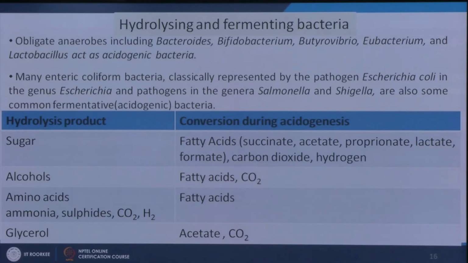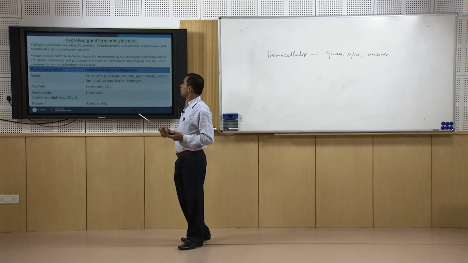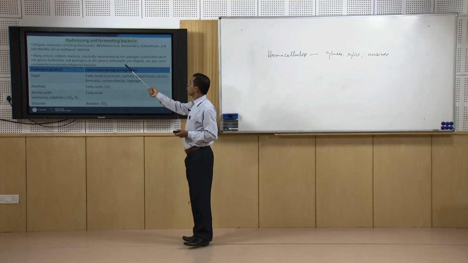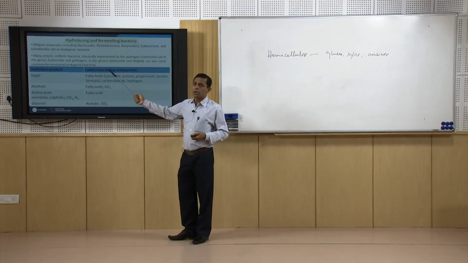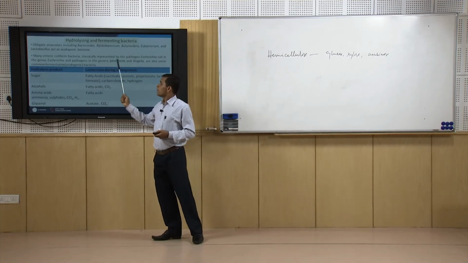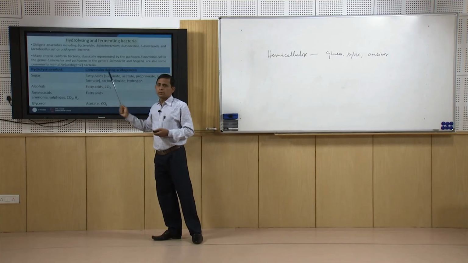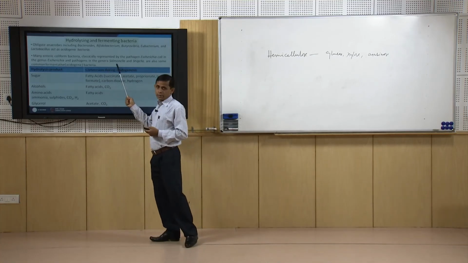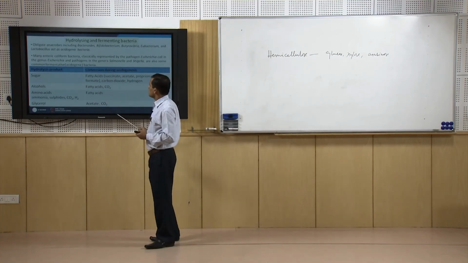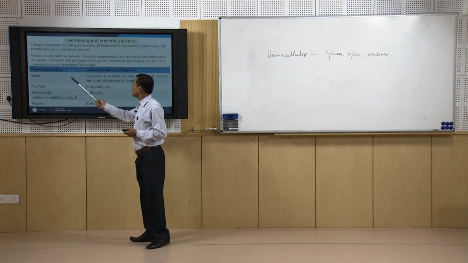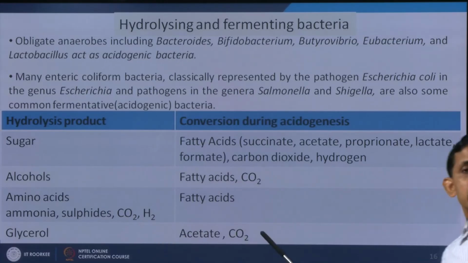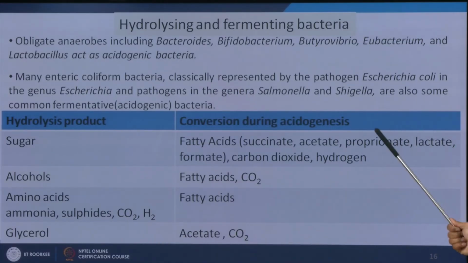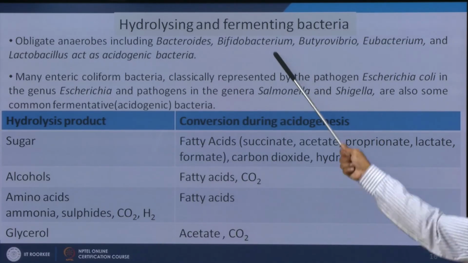Apart from this, coliform bacteria like Escherichia coli, Salmonella and Shigella also act as acetogenic bacteria, but these microorganisms can produce formic acid. Sugars can be converted to fatty acids, alcohols to fatty acids, amino acids to fatty acids, and glycerol to acetate and CO2. So, these are the products converted by these microorganisms.